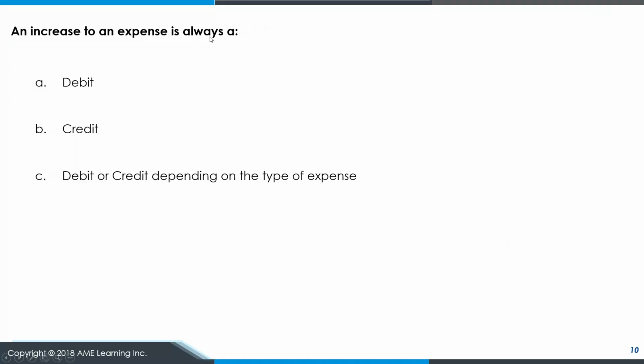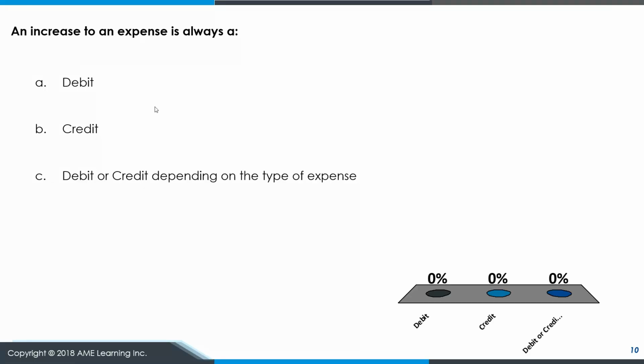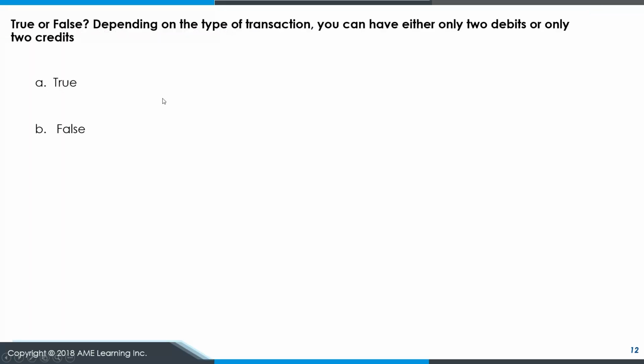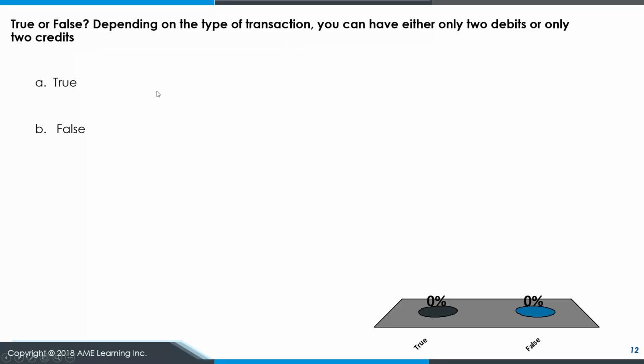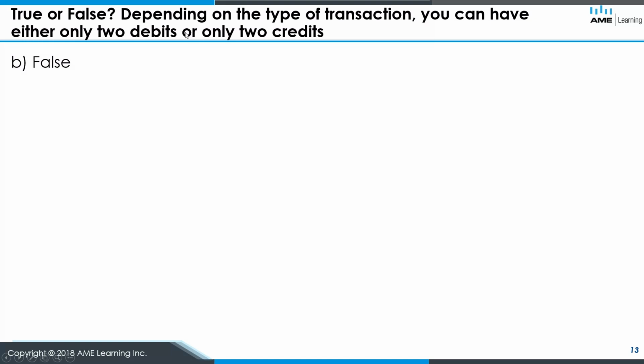An increase to an expense is always a debit, and that was just from our chart. And true or false, depending on the type of transaction, you can have either only 2 debits or only 2 credits. That sounds odd. I'm not sure what they're getting at there. You always have to have a debit and a credit. That's just confusing wording to me.